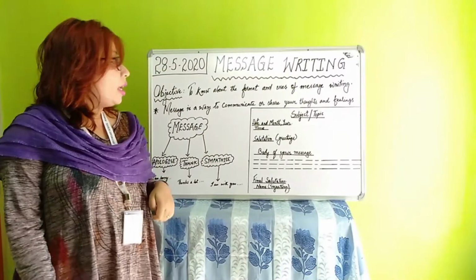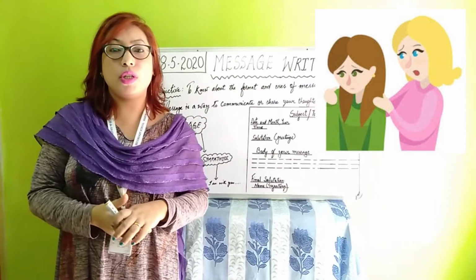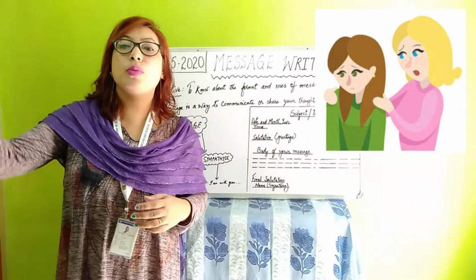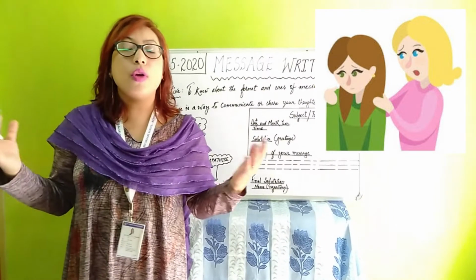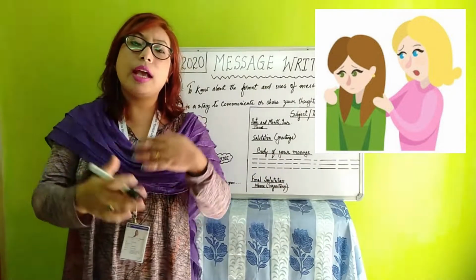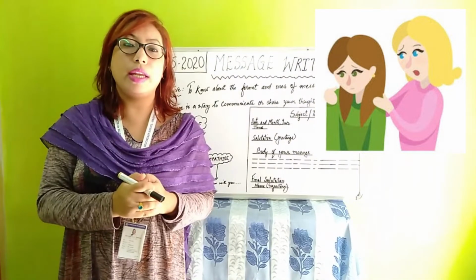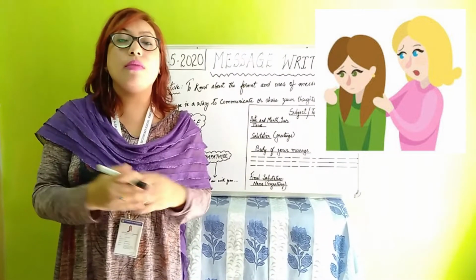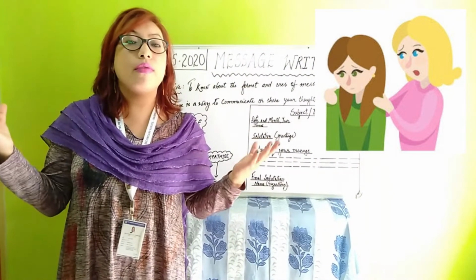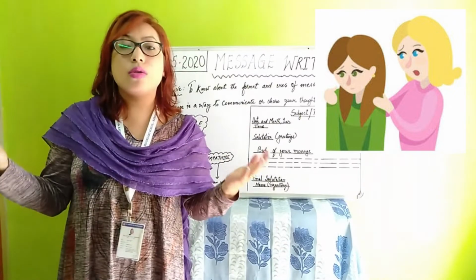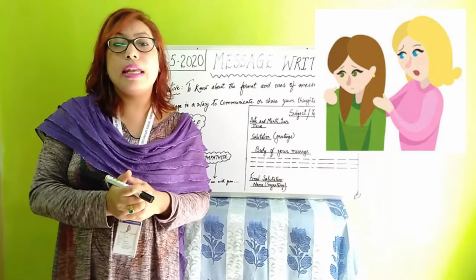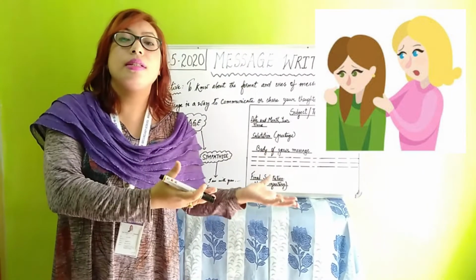And the last one is a sympathetic message, to sympathize with others. As we all know, in life we go through different kinds of situations. Sometimes, in different families, there is loss of property, and sometimes even pets die.